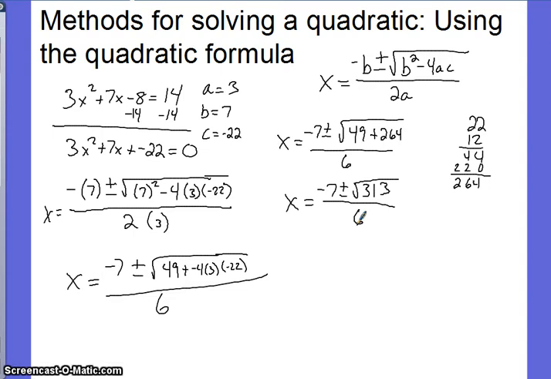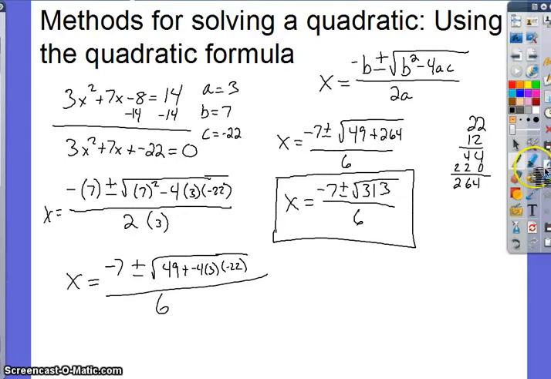Right, in this instance there aren't any values that I can get, so this would be our final answer unless we had a calculator. If we had a calculator we could take it further than this, because we could find the square root of 313. Here in this instance I don't have a calculator, and our exact answer in this radical form is fine. So negative 7 plus or minus the square root of 313 over 6 would be very, very good.